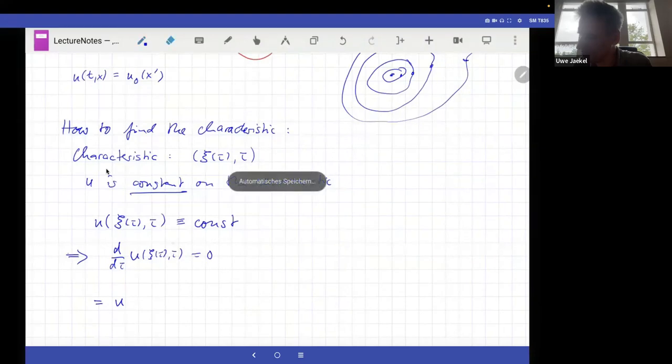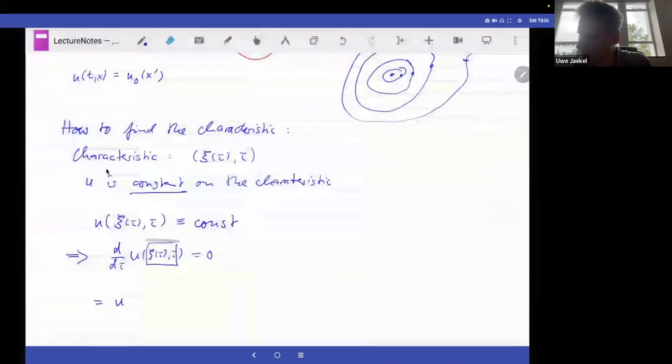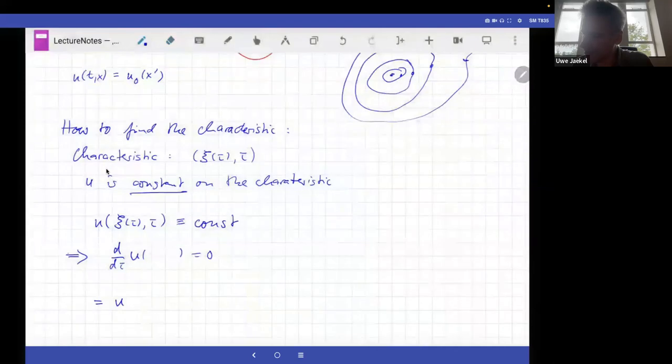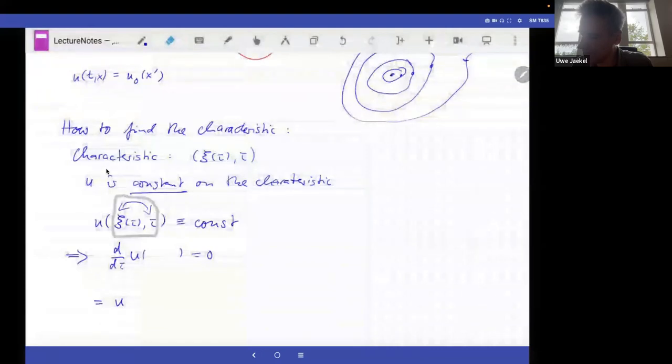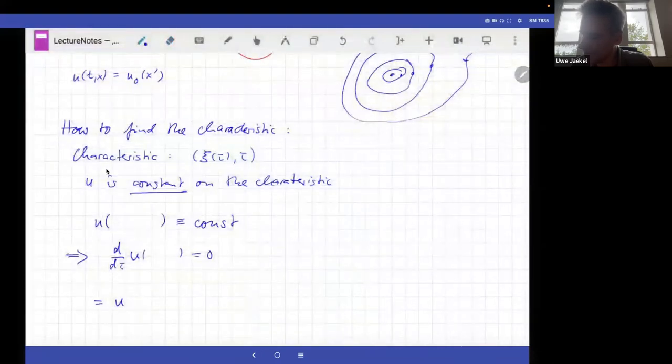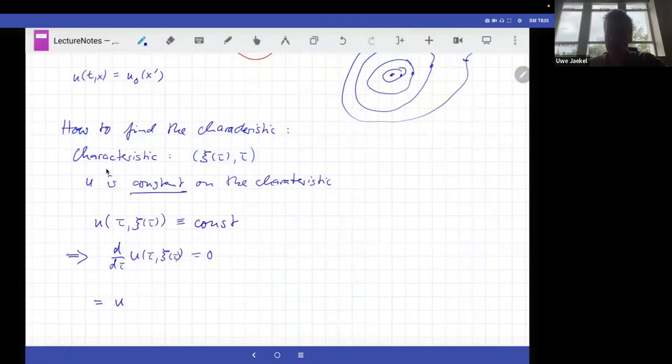Oops, I'm sorry, I used the variables the other way around. As I said, the temporal variable comes first. Now, what is the derivative with respect to tau? This is the multidimensional chain rule that we have to apply.